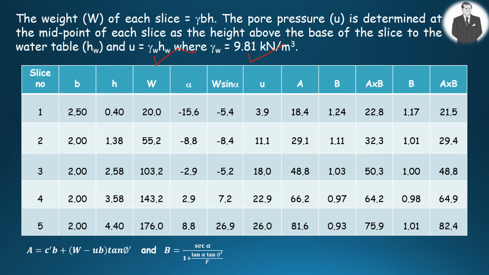A table is prepared for each slice showing the values of b, h, W, alpha, W times sine alpha, u, A and B, and A times B. A and B represent the expressions given below the table here.